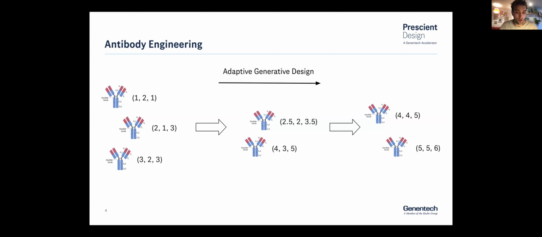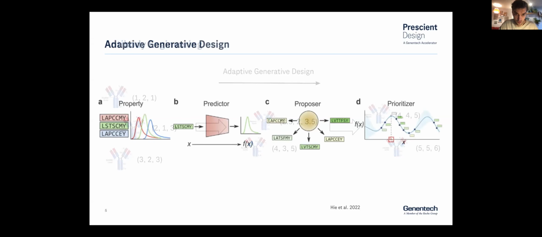Okay, so in this framework, which we're participating in, there are a couple of different pieces. One, we come up with discriminative models that predict the different properties that we care about. We have a proposer model, which is a generative model that proposes mutations.